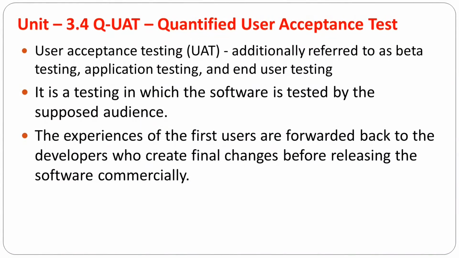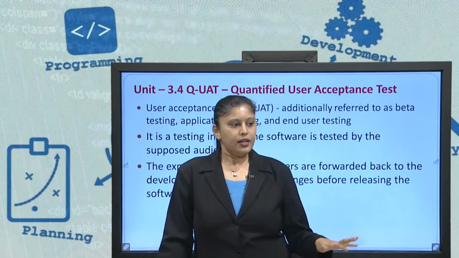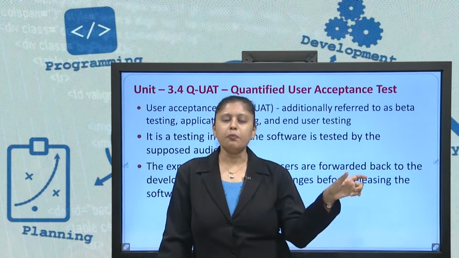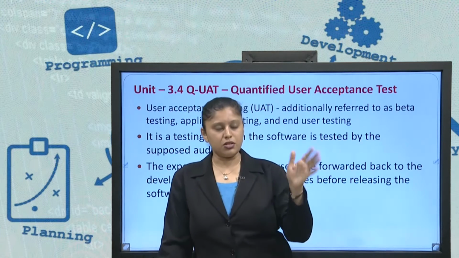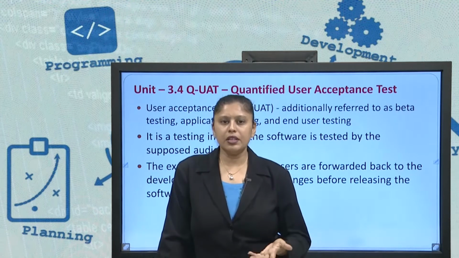The experiences of the first users are forwarded back to the developers. When my users check and test my product, whatever feedback comes up will be forwarded to the developer team who developed that code, who make the final changes before releasing the software commercially. Now whatever my users have tested, they may feel that certain points are lacking, or have not been mentioned or delivered in the software.